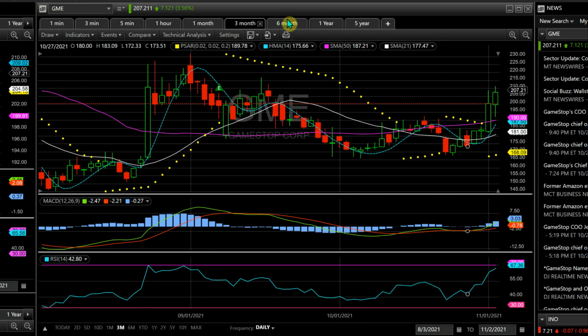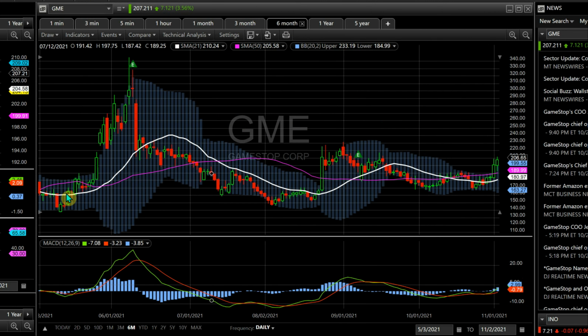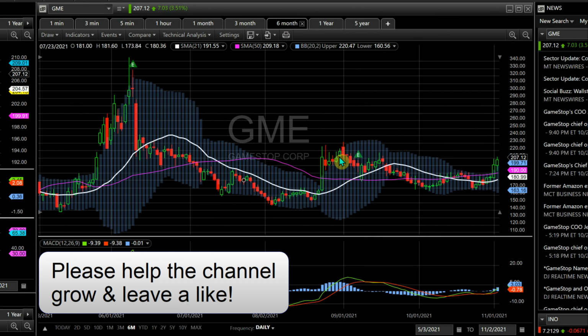Alright guys, let's move on to the 6 months. On the 6 months is where you see the SMA 21 line, the white line, guys. This is more of a common trading line. It's a midterm line, I would say. If candles are forming over it, you're buying, and when they're forming under it, that's when you take profit or you're selling. And it just came up over here that it's a new buy signal for that, guys.